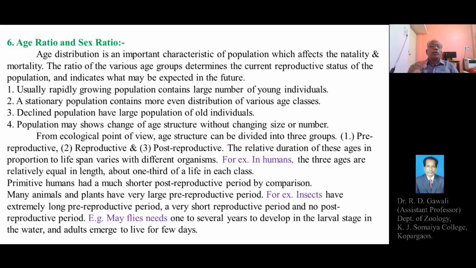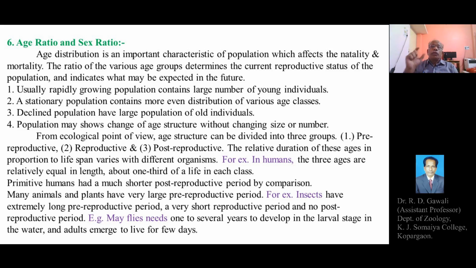So age distribution is an important characteristic of the population which affects natality and mortality. The ratio of the various age groups, that is young, adult or old, or pre-reproductive, reproductive and post-reproductive, determines the current reproductive status of the population and indicates what may be expected in the future.